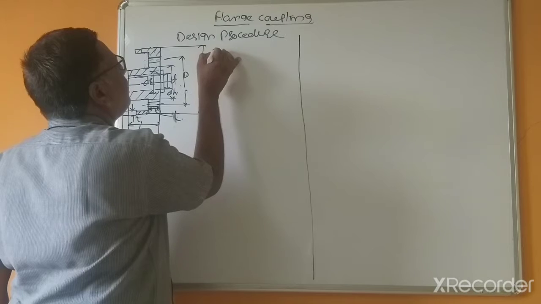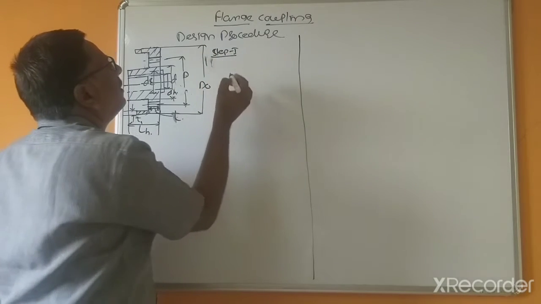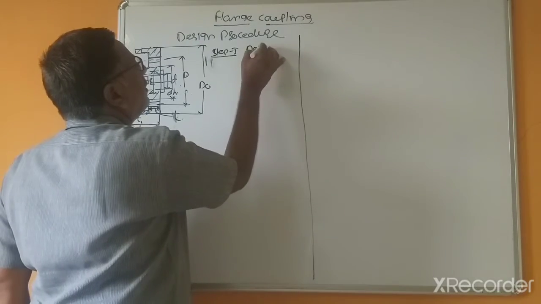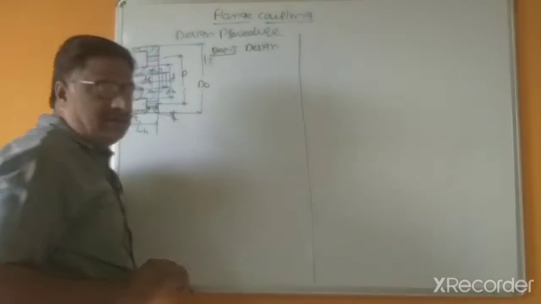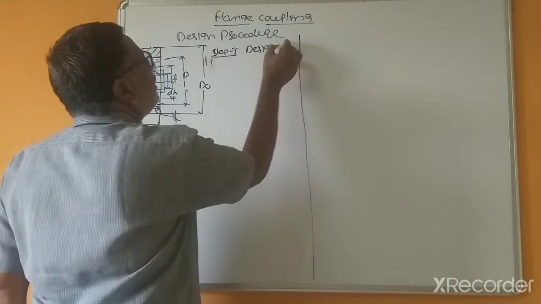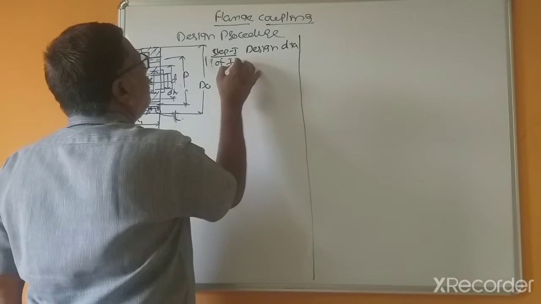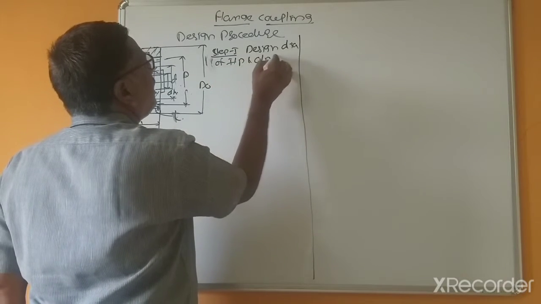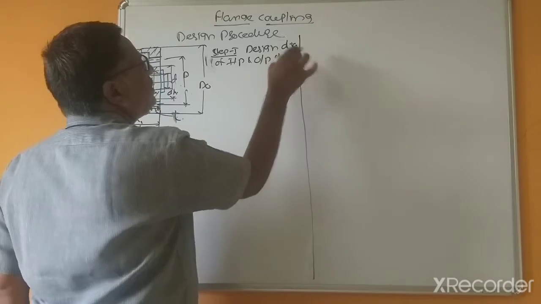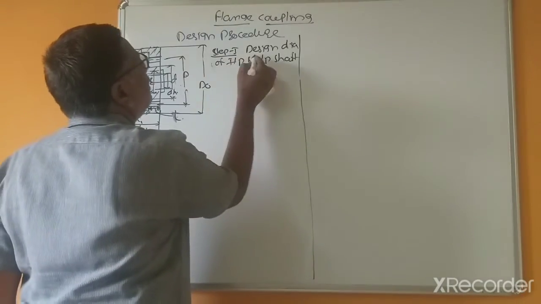So first step, design of the diameter of input and output shaft. This step is common for every coupling except the marine coupling.